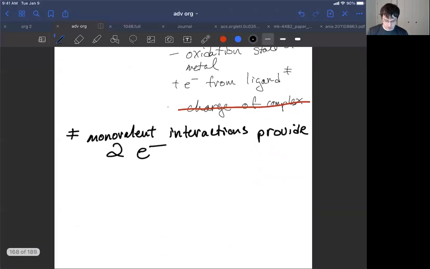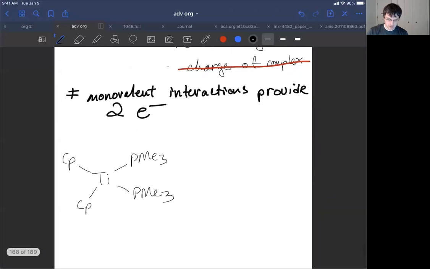Okay, so let's go back to our complex again with titanium, PMe3, PMe3, Cp, and Cp. So the Cp before had 5 electrons, but now it has 6 electrons. Maybe I'll make those in red, a splash of color, as they say. Now, why are we at 6 electrons?